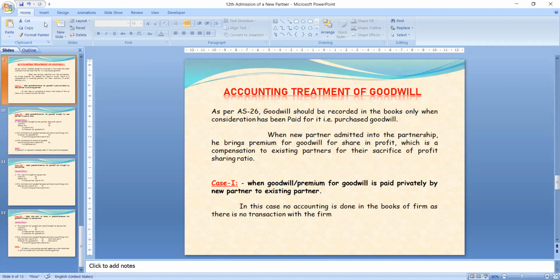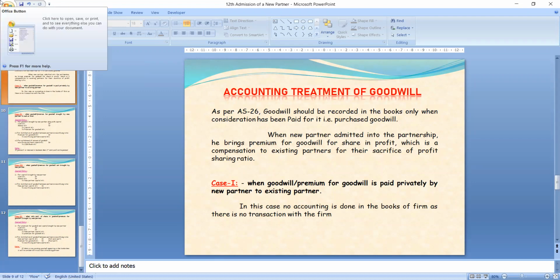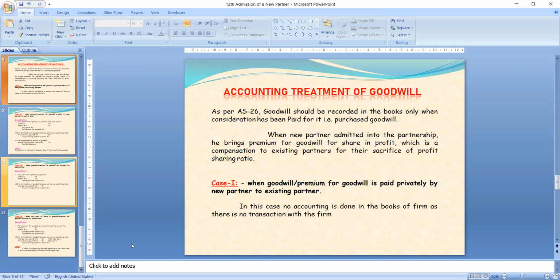Yes, when a new partner is admitted into the partnership, he is required to bring goodwill and capital. Okay. Yes, sir. Can you tell me why a new partner will bring capital along with goodwill? Sir, is it because of the trust between the partners, because he's new?